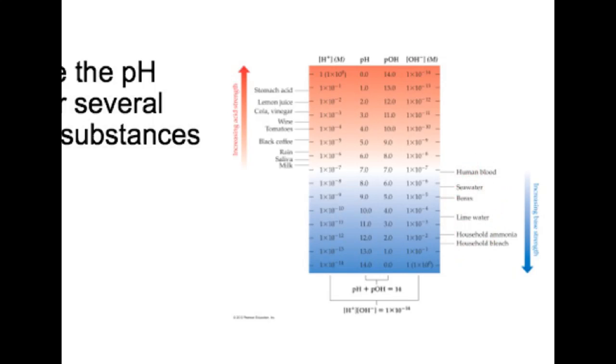Note, the scale has the acid at the top, with a pH of, say, 1. And we have ammonia near the bottom, with a pH of approximately 12, blood, with a pH of approximately 7.4. We have a scale here.